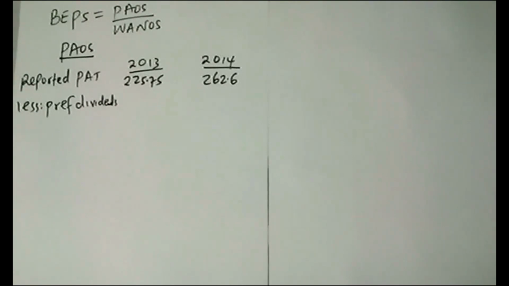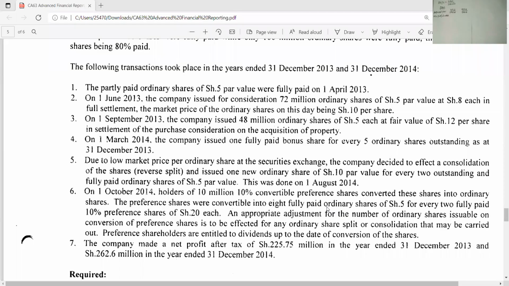The one which is unconverted, we consider for the entire period. So now we move to note 6, where I have the relevant convertible preference dividends. They say that on 1st October 2014, holders of 10 million, 10% convertible preference shares converted these shares.